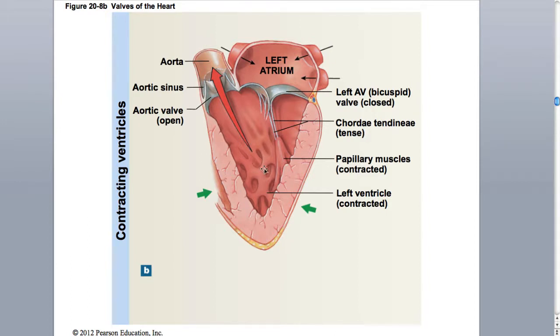Okay? So that's an important notion. Again, it's the pressure gradient. Now, of course, what should be happening according to Nemesh's rule? If this is contracting, then of course, what should be happening in the atrium then? Ventricles are contracting, the atriums must be filling. And if they're filling, they are relaxed. Okay, that's typically how it works.